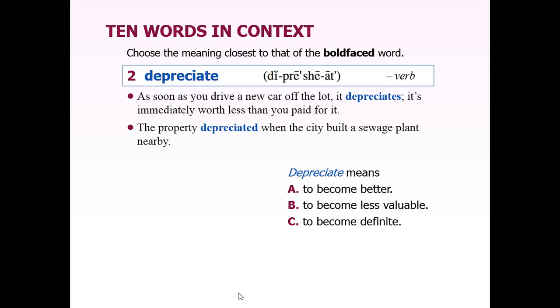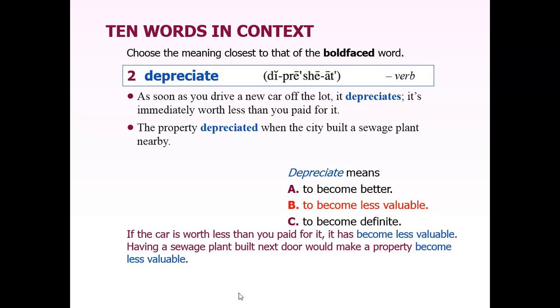Then we look at the context and the property. If you have a home or some kind of property that's next to, let's say, a sewage plant, which, again, you think of sewage, it just smells, it just permeates, this odor. That's not going to make someone want to hurry up and buy something or pay top dollar. So depreciate most likely is going to mean B, become less valuable.